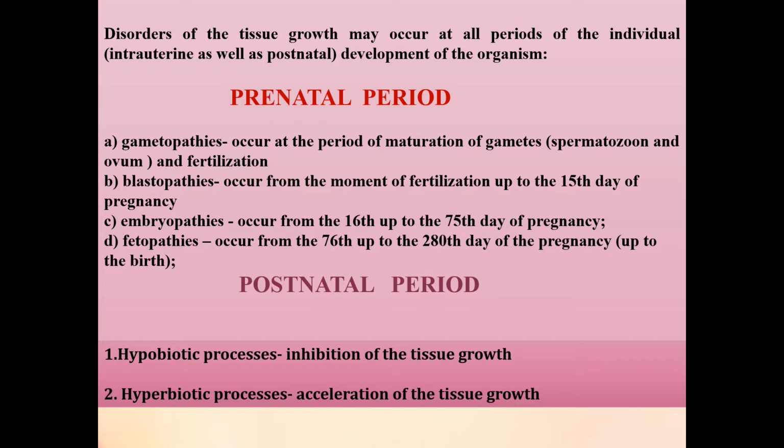The stage of progenesis involves the maturation and production of the sexual cells. Gametopathies occur in this period of the development. The stage of the chematogenesis covers the period from fertilization till birth. Defects that occur during the course of the chematogenesis are called chematopathies.